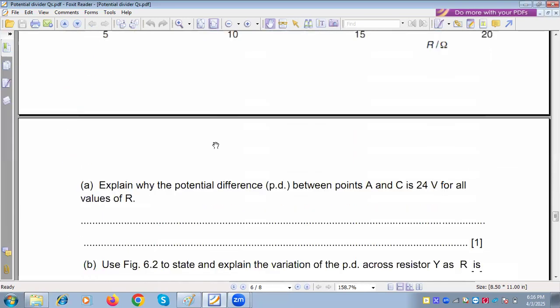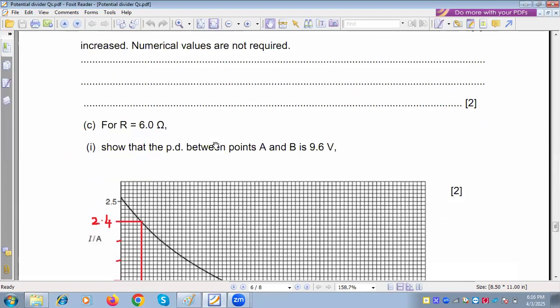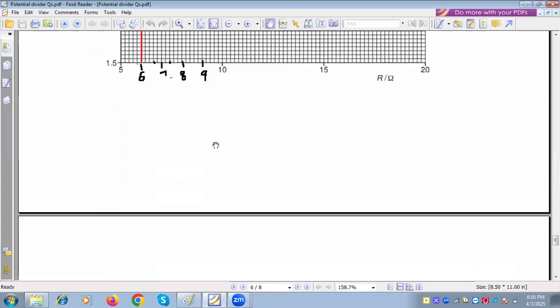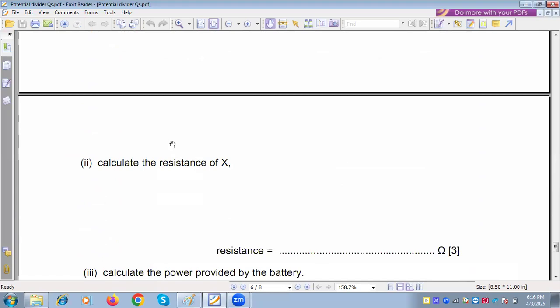So we can find out first the potential difference across Y, because this is an easy step, and then we can calculate the resistance of X. So PD across Y is Vy equal to I into R, 2.4 into 6.